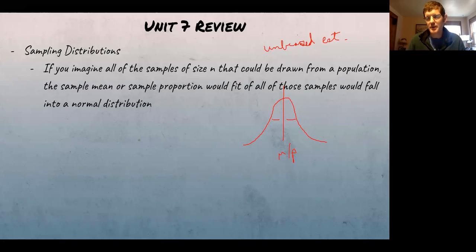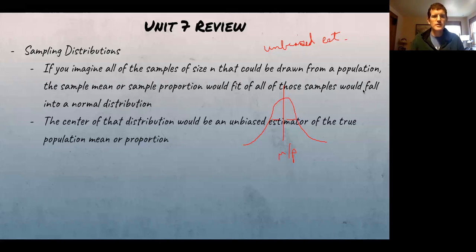We weren't comparing to populations, but to a sampling distribution. That's why the formulas we're going to be using look very familiar to the ones that we were using for all of our tests. If that concept never clicked for you, hopefully as you go through it, you can draw that connection. The center of that distribution will be an unbiased estimator of the true population mean or proportion.